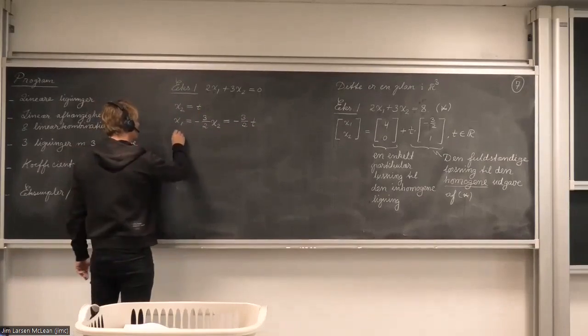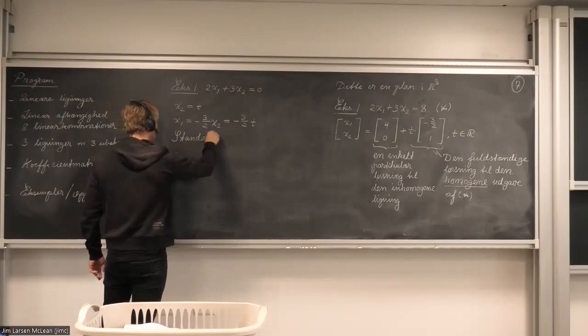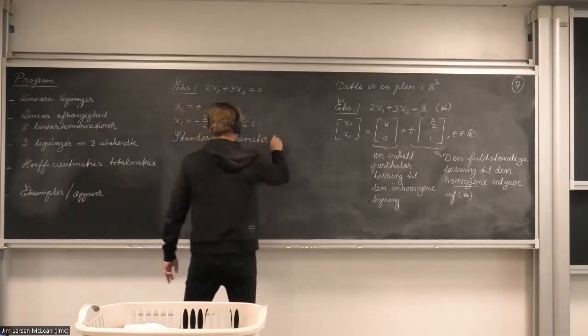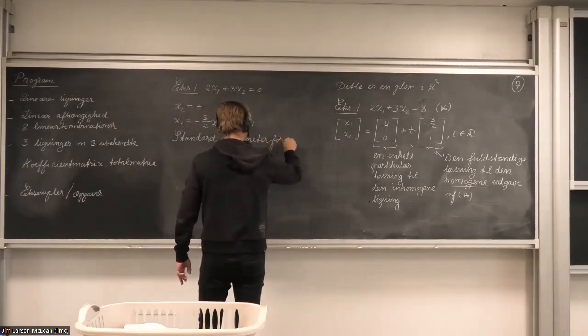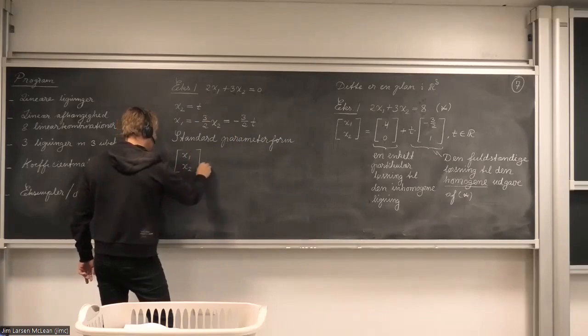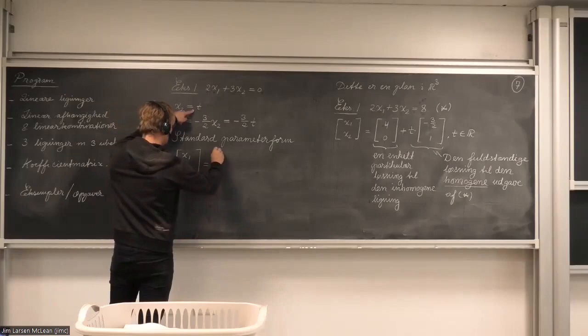Here comes the solution in standard parametric form to that line. The solution in standard parametric form is x1 over x2 equals... Now let's see, x2, it's just t.